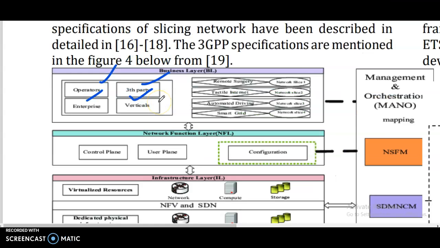This layer contains operators, third party, enterprise, verticals, remote surgery, tactile internet, automated driving, smart grid, network slice 1, 2, 3, 4.